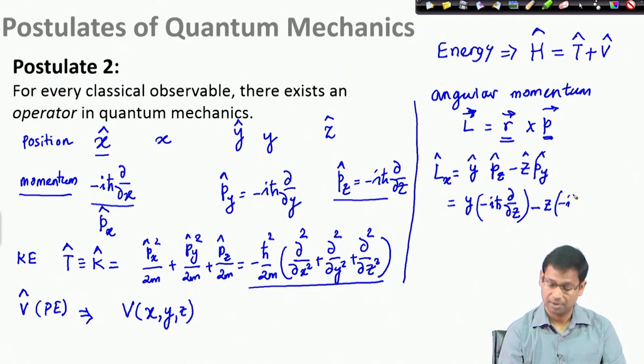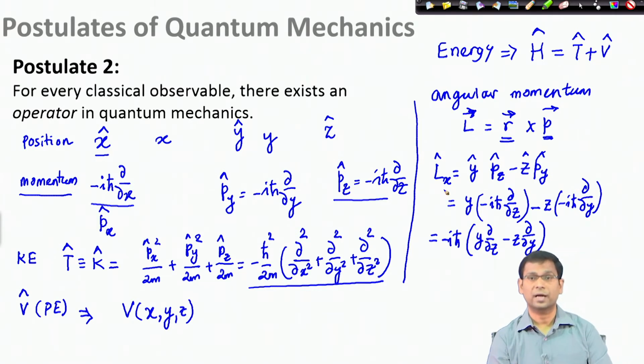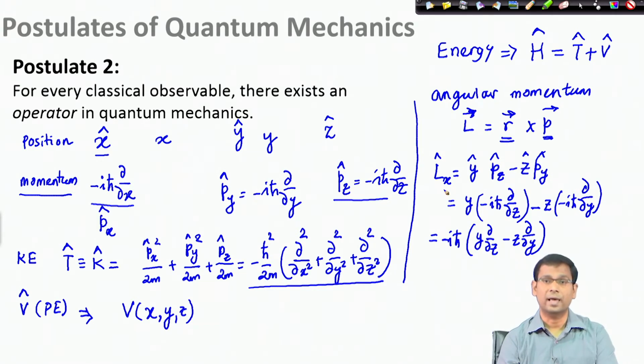That is minus i h bar d by d y. If I solve this, I would have minus i h bar (y d by d z minus z d by d y). Now, this is the quantum mechanical operator corresponding to L x.